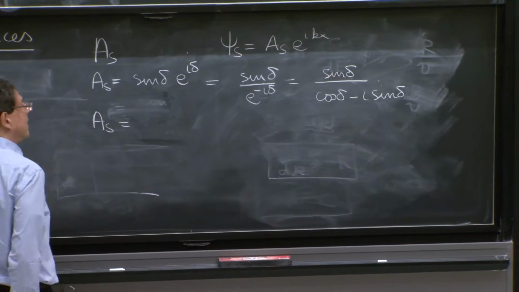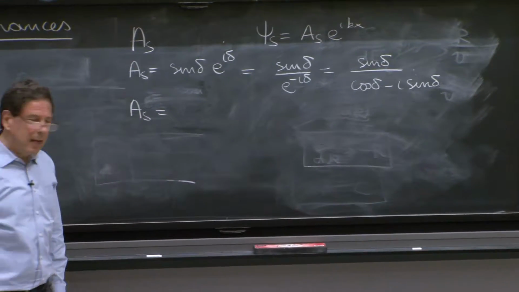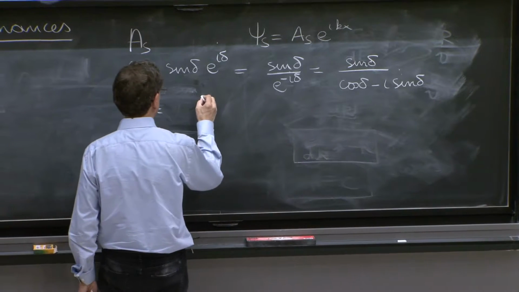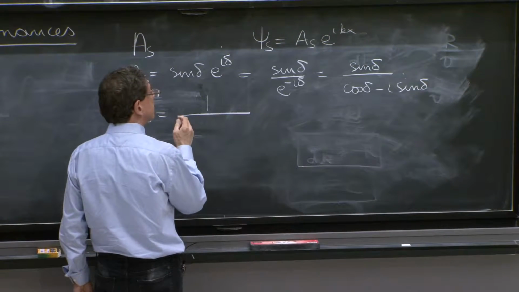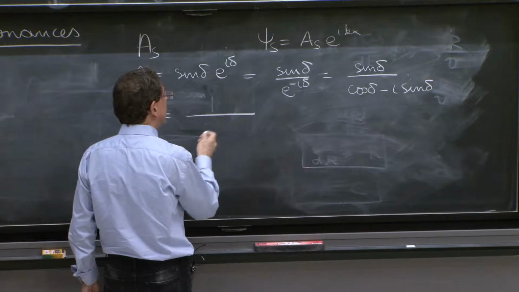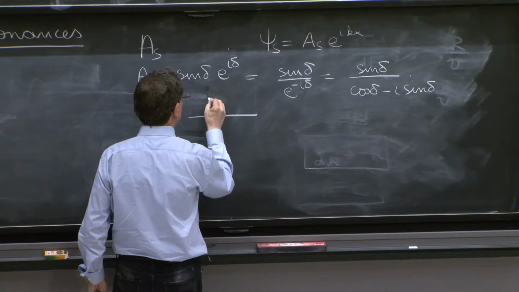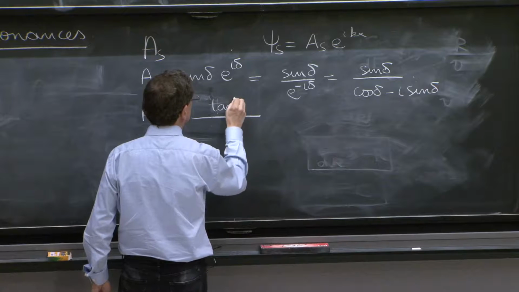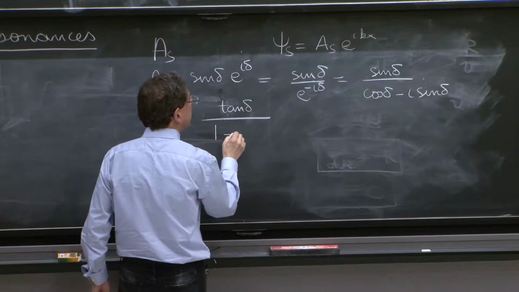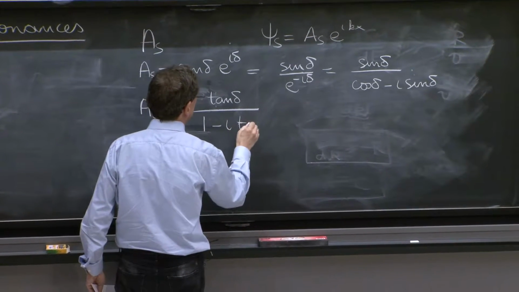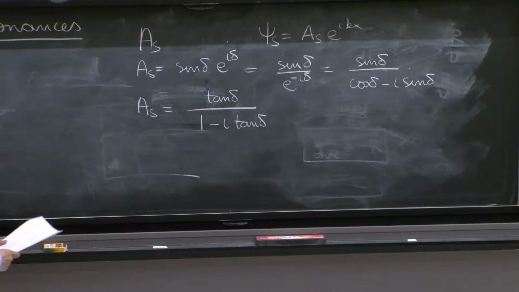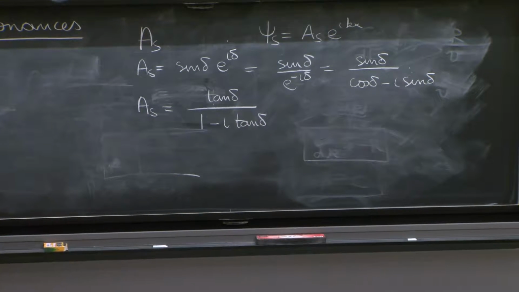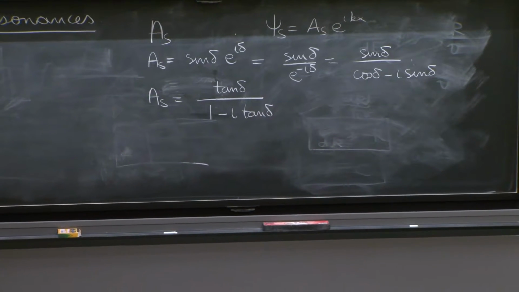For A_S, let me divide by sine delta, both numerator and denominator. So, no, I divide by cosine delta. So I'll have tan delta over 1 minus i tan delta. I divided by cosine. Okay.